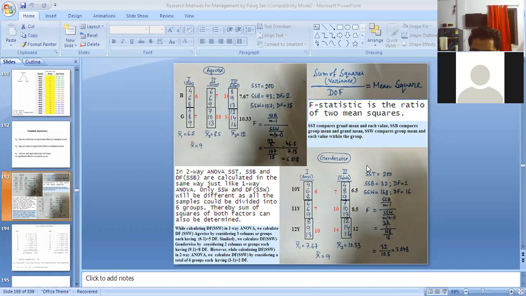In this way, all those 8 elements you need to subtract from 10.33 and it will come out to be 168. So just like that, you need to calculate the F score.